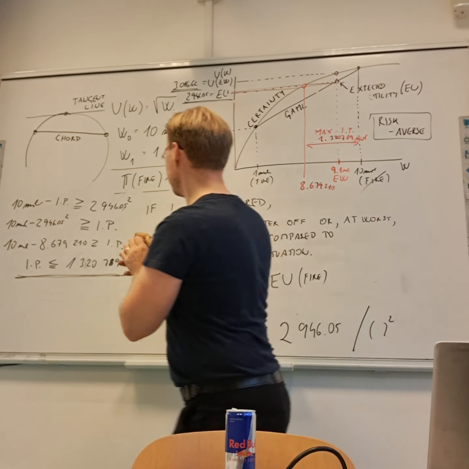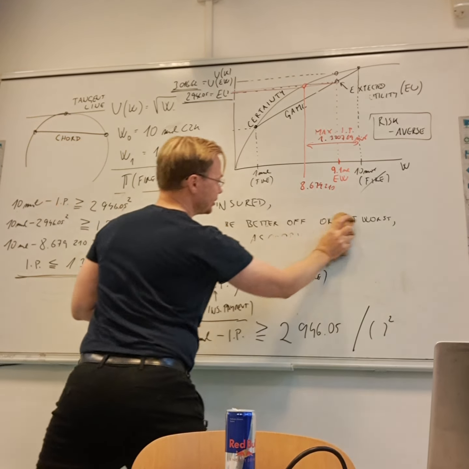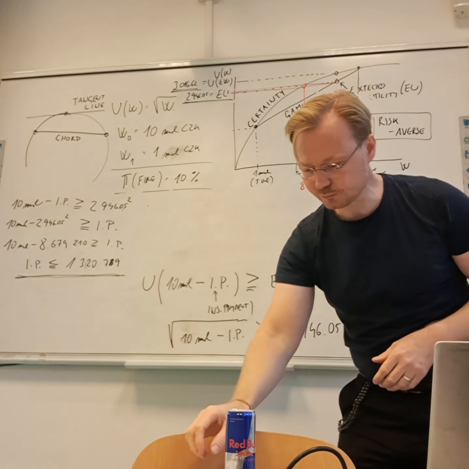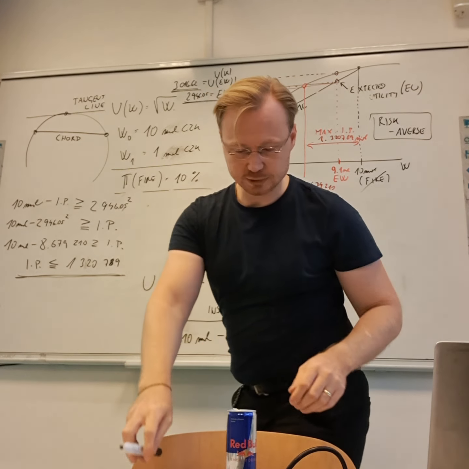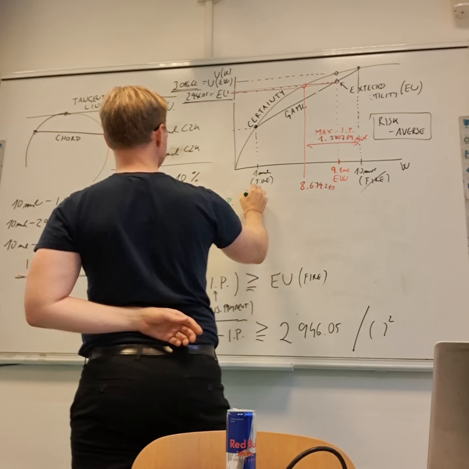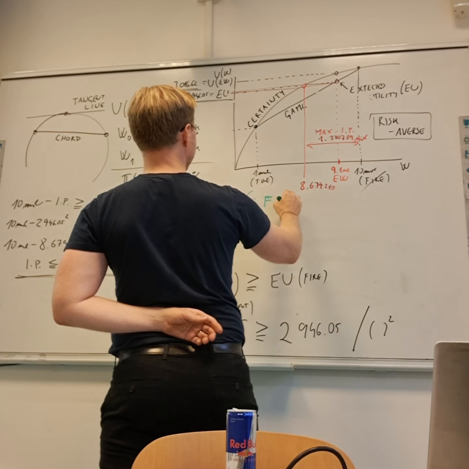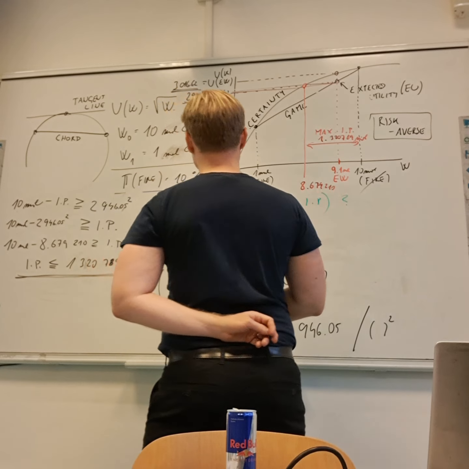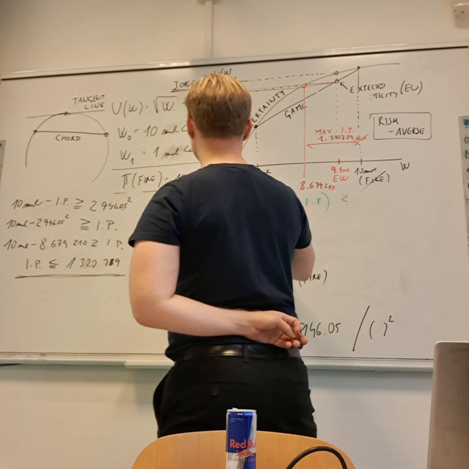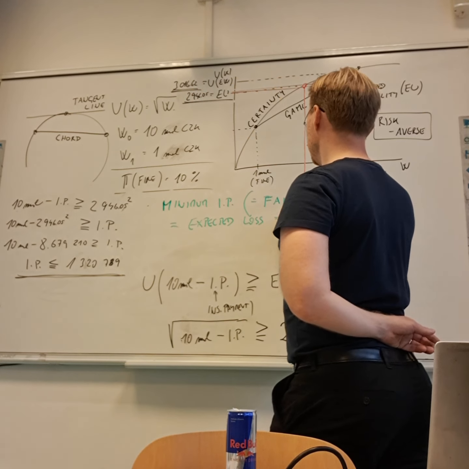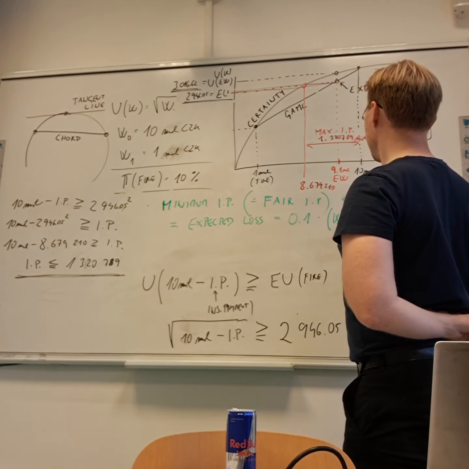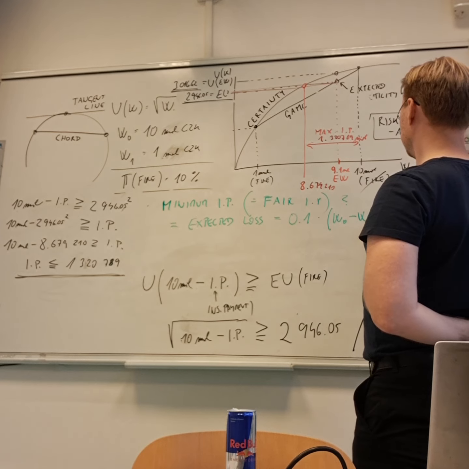So we can extend the problem by adding one more question, which is, what's the minimum, or they also call it fair insurance payment? We use the green color. It must be the expected loss, the expected damage, which is 0.1 times initial wealth minus the wealth in case of fire.